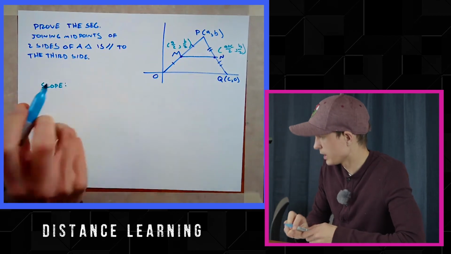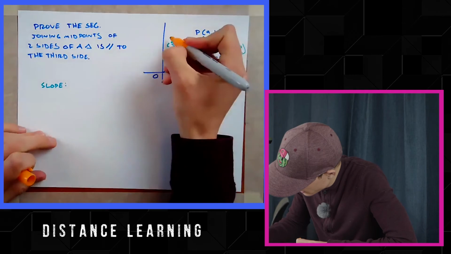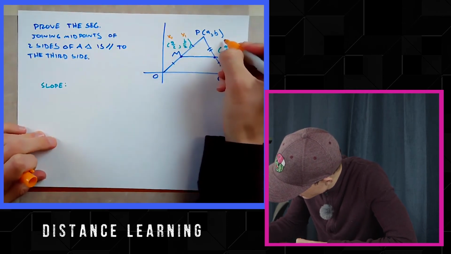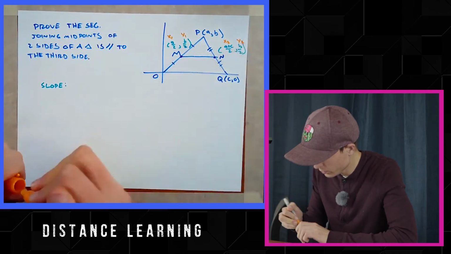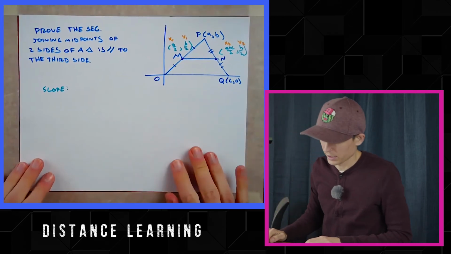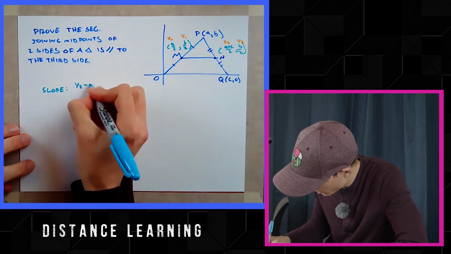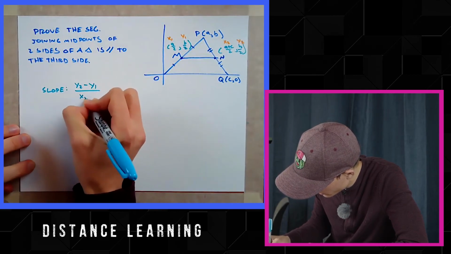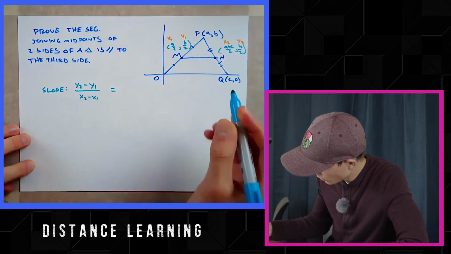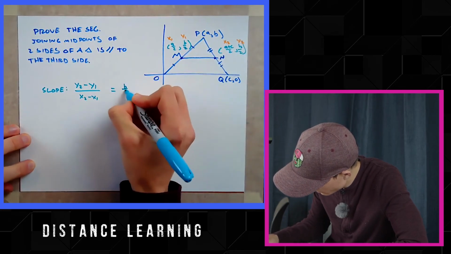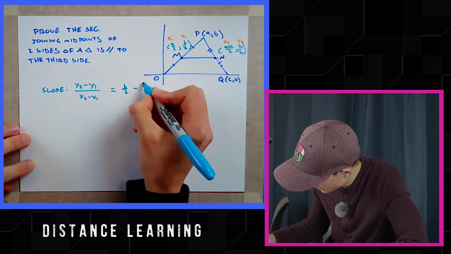Slope. And we'll call this x1, y1, x2, y2. Man, this is just busy work, guys. So, formula for slope is y2 minus y1 over x2 minus x1. So, y2, b over 2 minus b over 2.